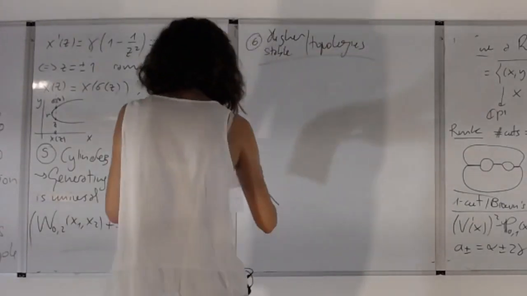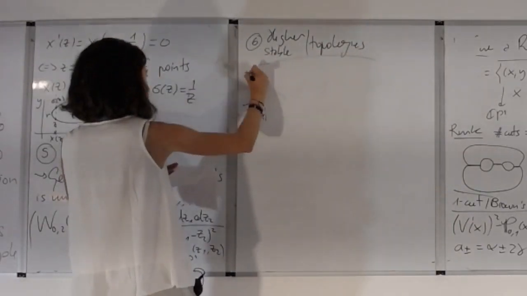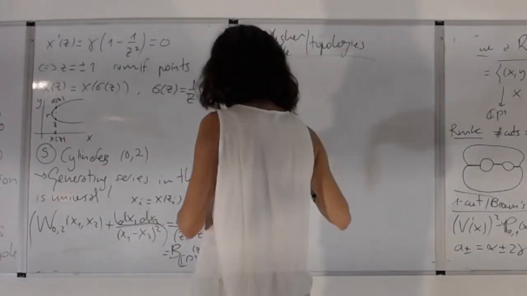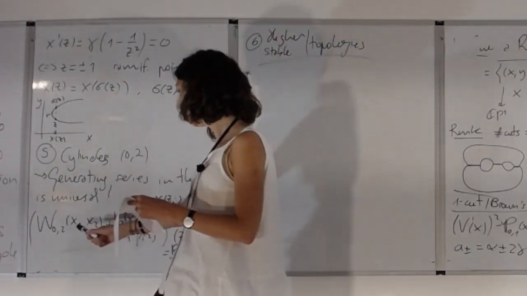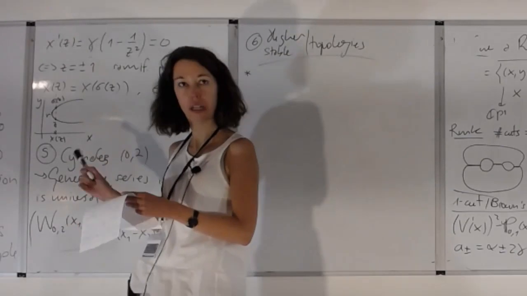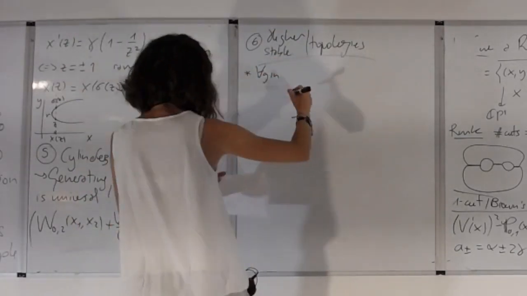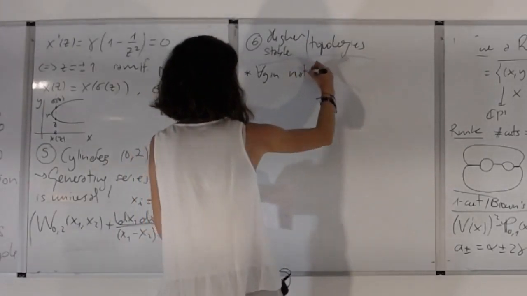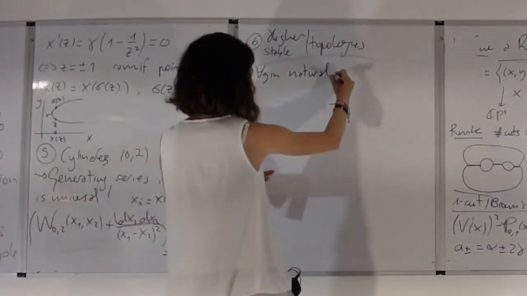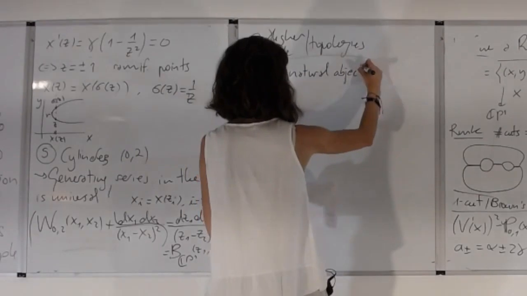Okay, so what happens here? We already hinted in here that the natural objects are not functions, they are differentials. So let's define them in general, even if you already saw them, and you can maybe guess them for higher g, n, but I will write them here.